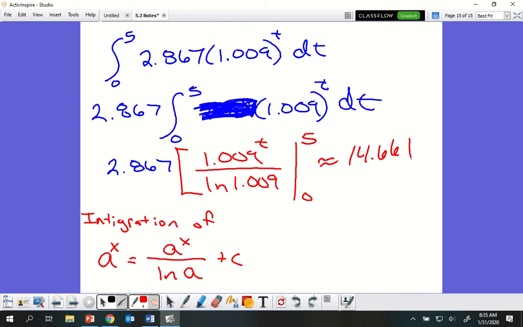It's over the time. That's the rate of change, so that's how much it's increasing over that time. So what's my initial? 320 million. So my initial is 320.